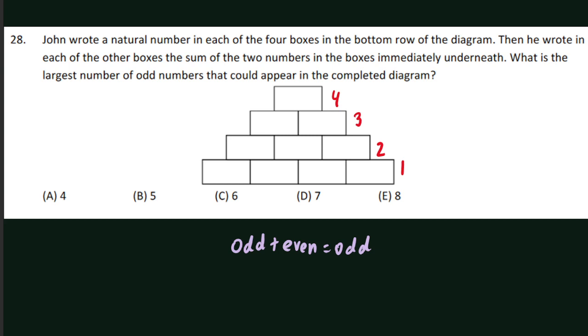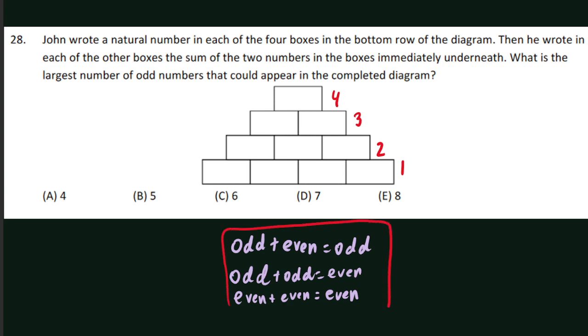You always get an odd number. Next, if we add an odd number with another odd number, or an even number with another even number, you get even numbers. We'll keep this in mind for the diagram.